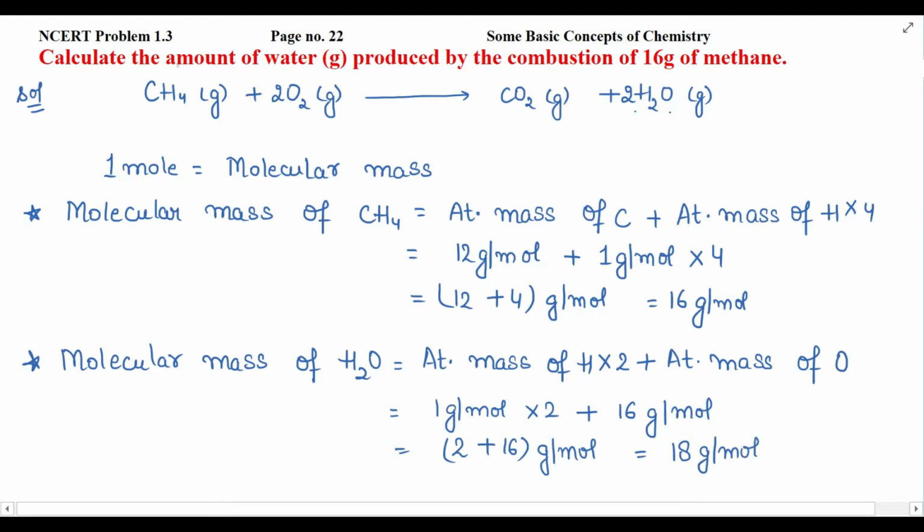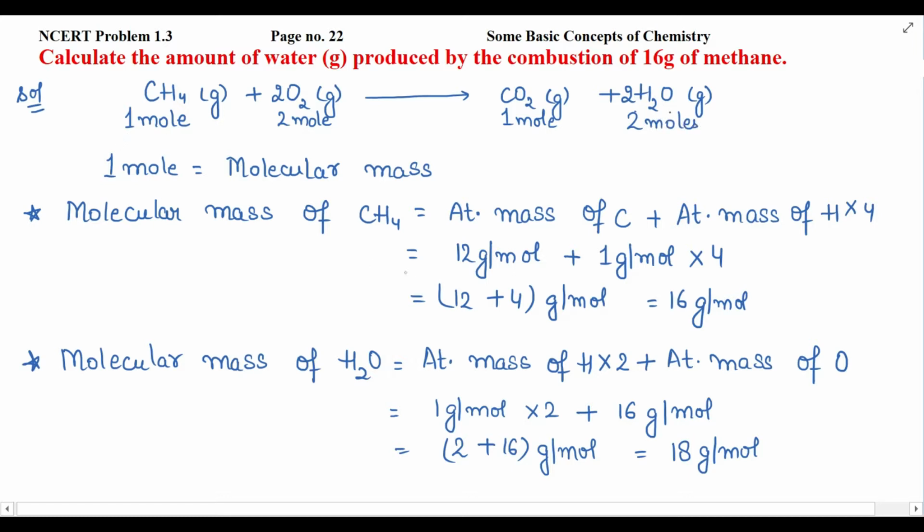So now let's see the equation, right? Here 1 mole of methane reacts with 2 moles of oxygen, produce 1 mole of carbon dioxide and 2 moles of water, right?